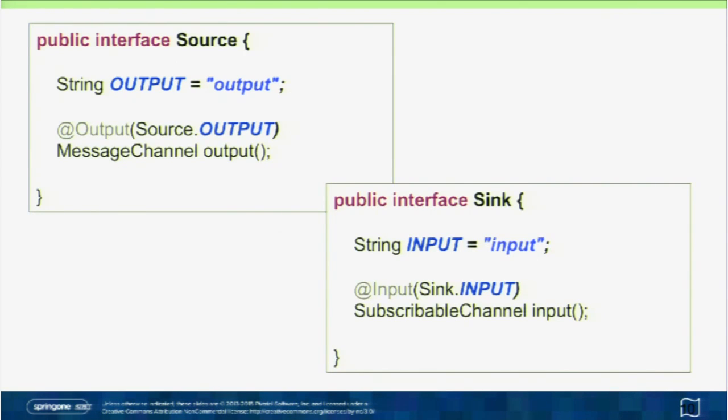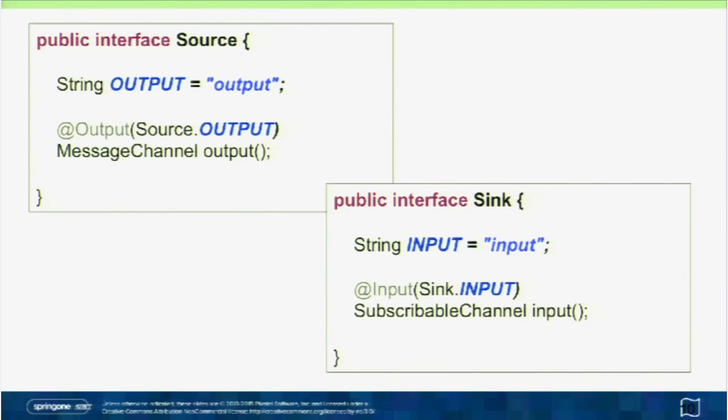Yeah, and you can see here the @Input and @Output are the annotations that you add to the methods. So, for instance, I could have an interface here called, I don't know, take my demo this morning with Josh. It could be called ReservationServiceChannels.